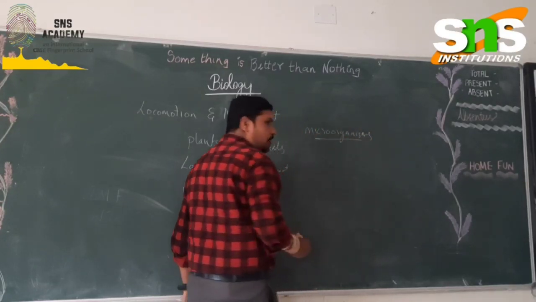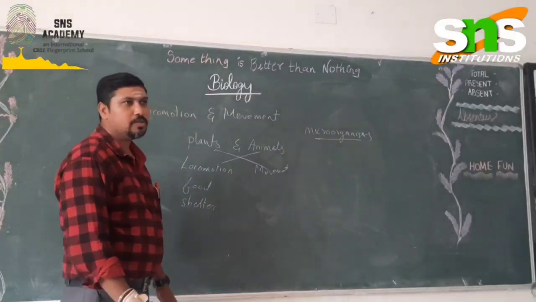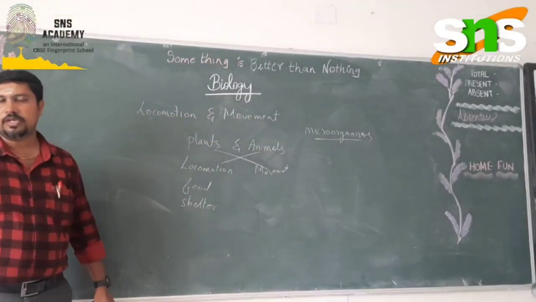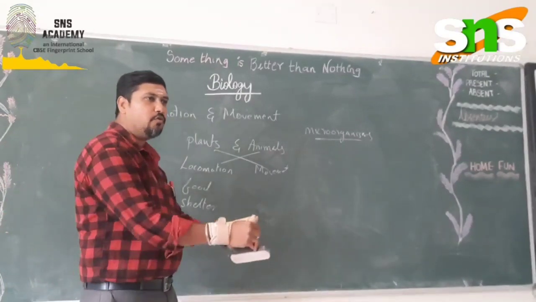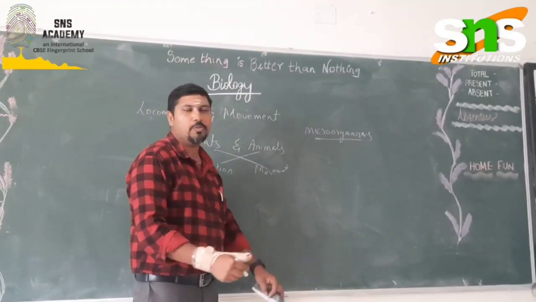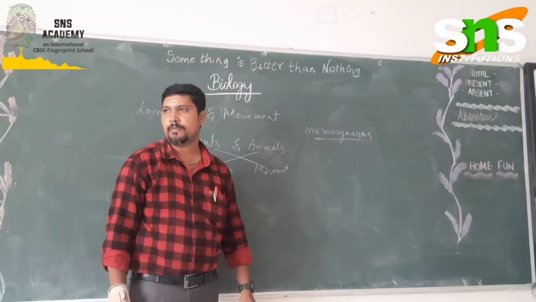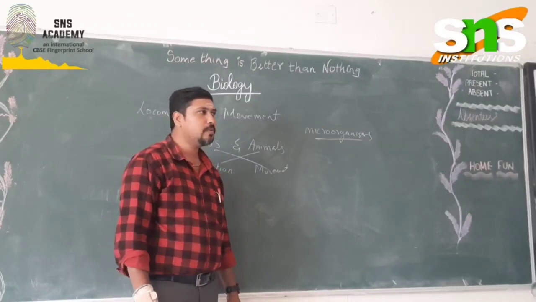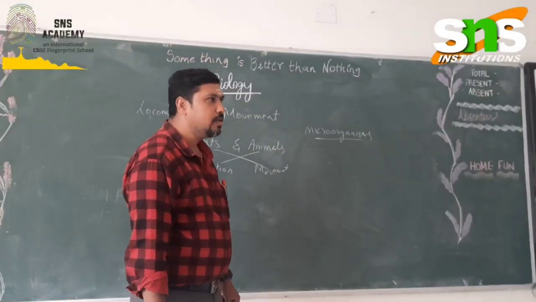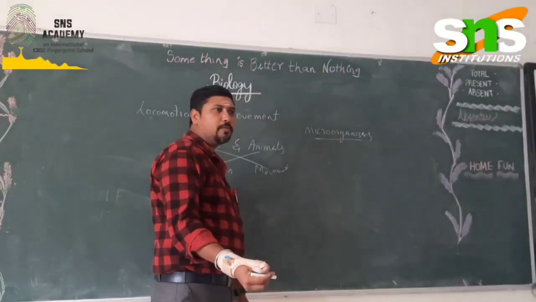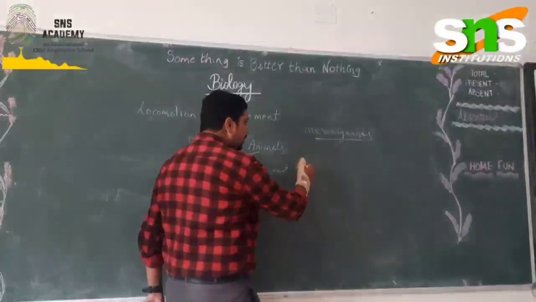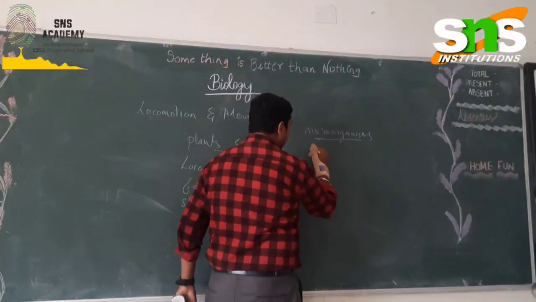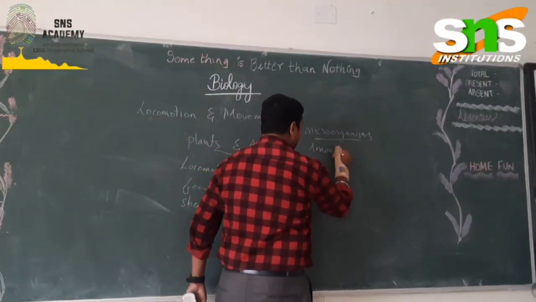So what happens in microorganisms? Is there any movement? Is there any locomotion taking place? What type of movements are shown in microorganisms? The movement of tentacles. Any other? Pseudopodia in amoeba.